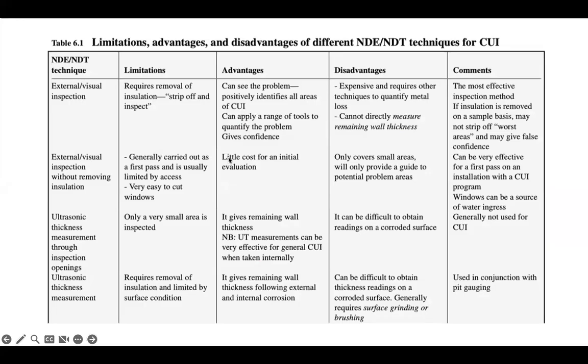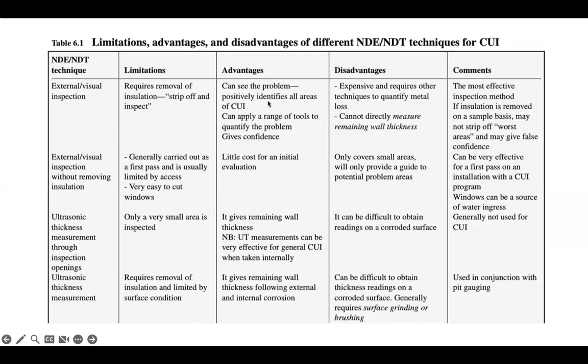Okay, these are the limitations, advantages, and disadvantages of the different NDE or NDT techniques for CUI. For visual inspection, the limitation is that it requires removal of insulation. But with visual inspection, we can see the problem.